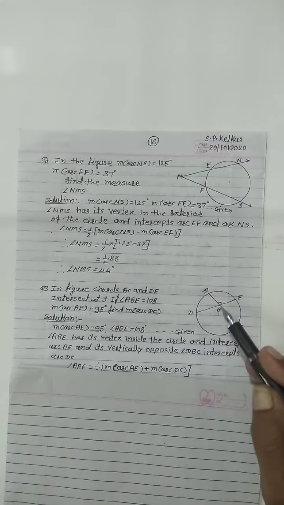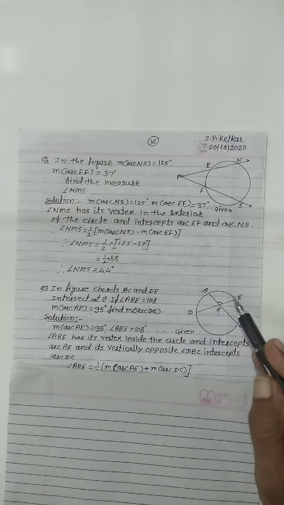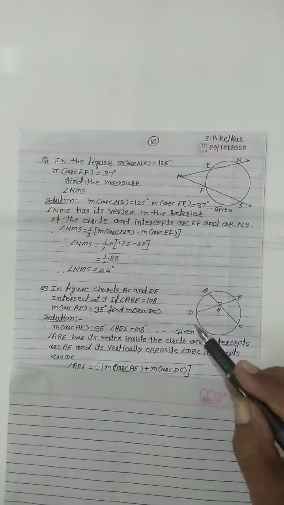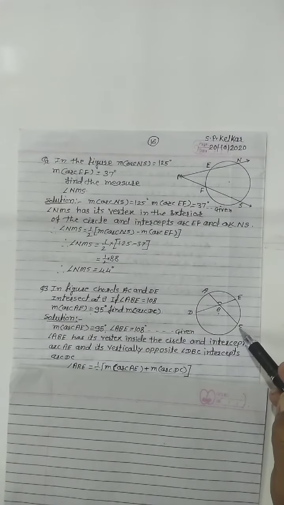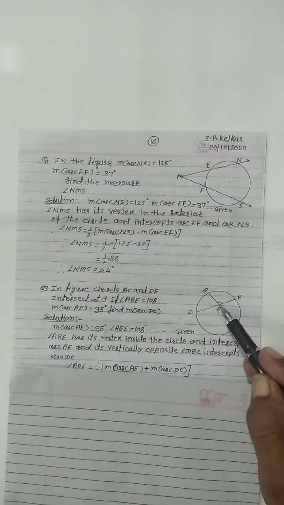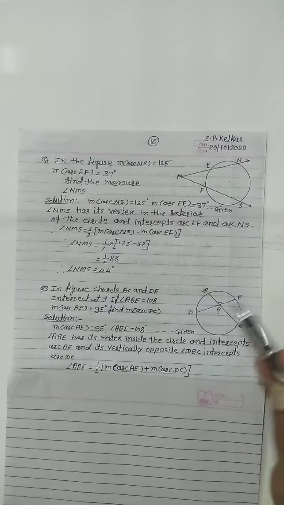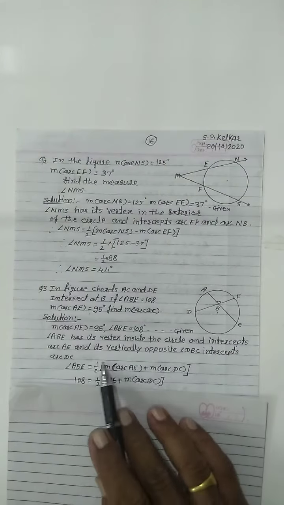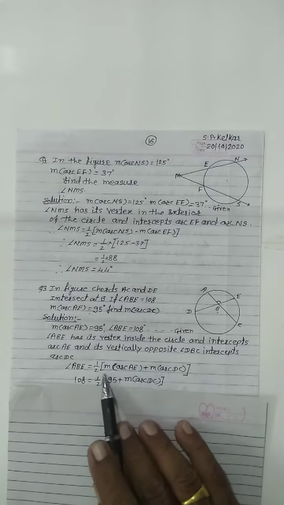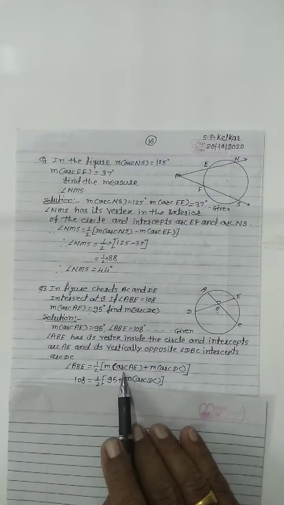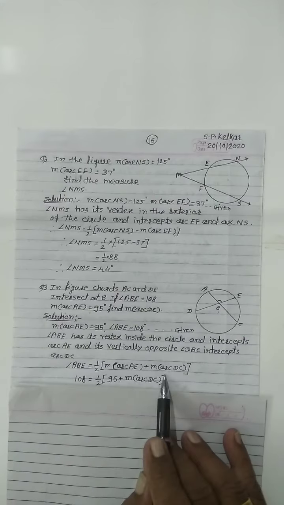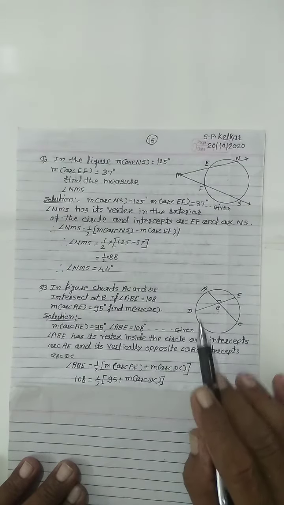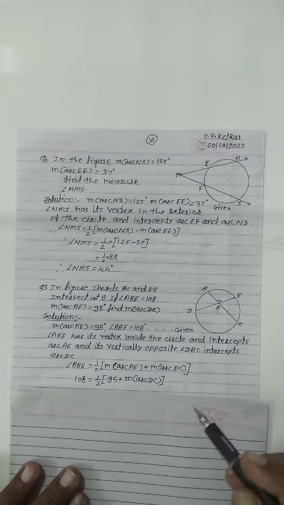The vertex of the angle lies inside the circle. So we can write measure of angle ABE equal to 1 by 2 in square brackets, measure of arc AE plus measure of arc DC, square bracket complete.